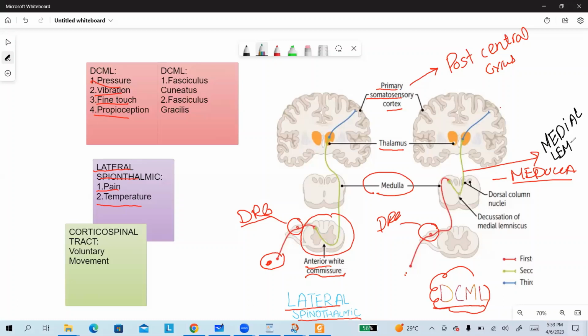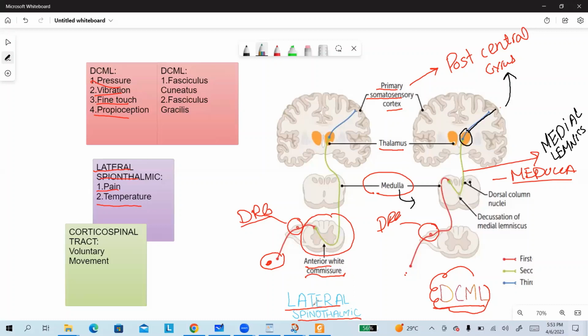This medial lemniscus synapses at the thalamus and then ultimately ascends to the post-central gyrus. So the significance of the crossing over is that any lesion of the dorsal column medial lemniscus that is below the medulla will affect the ipsilateral side, while any lesion that is above the medulla affects the contralateral side.